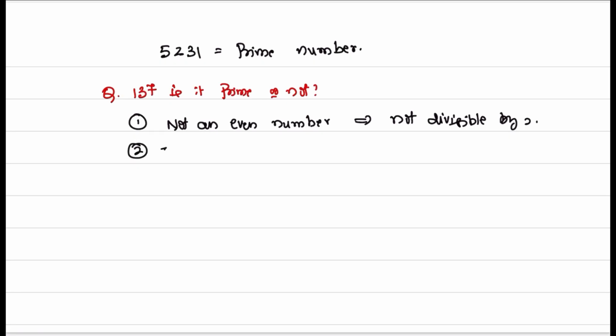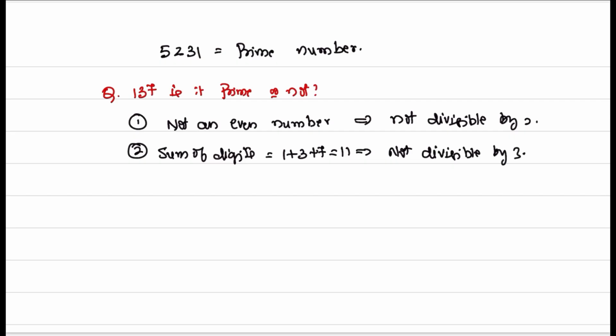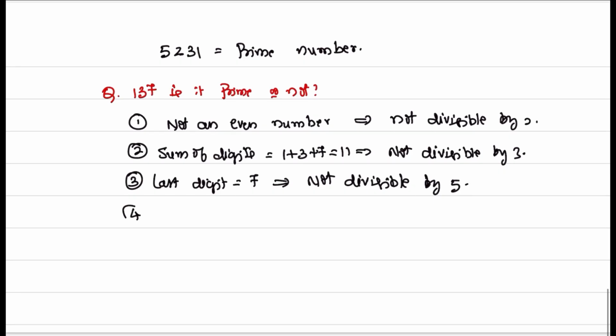Second step, sum of digits is equal to 1 plus 3 plus 7, that is equal to 11, implies not divisible by 3. Third, last digit is equal to 7, implies not divisible by 5. Then, what is the fourth step?